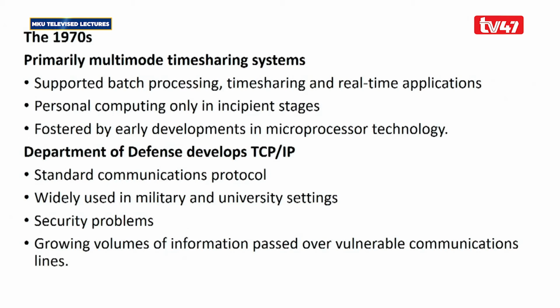Computer systems were now widely used in the military and even in university settings. Security problems came into existence, and growing volumes of information passed over vulnerable communication lines. So we would have some challenges in communication and sharing of information.